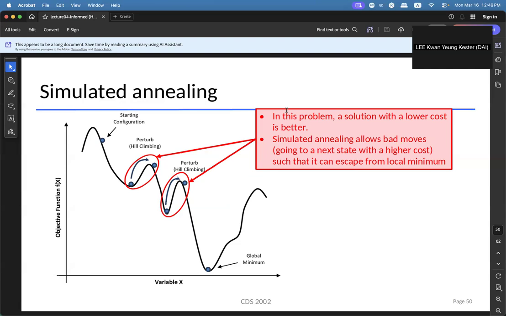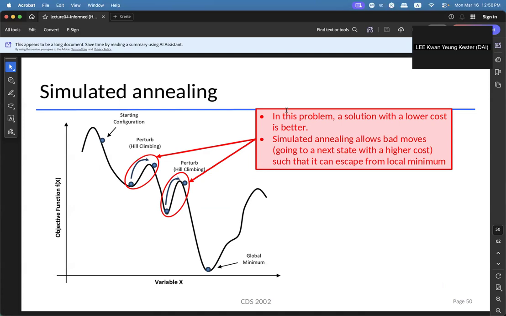It gives it the chance to jump from the local minimum. But you may ask, Professor, if bad moves allow the algorithm to jump from a local maximum or minimum, why do we want to decrease the jumping action throughout the search?